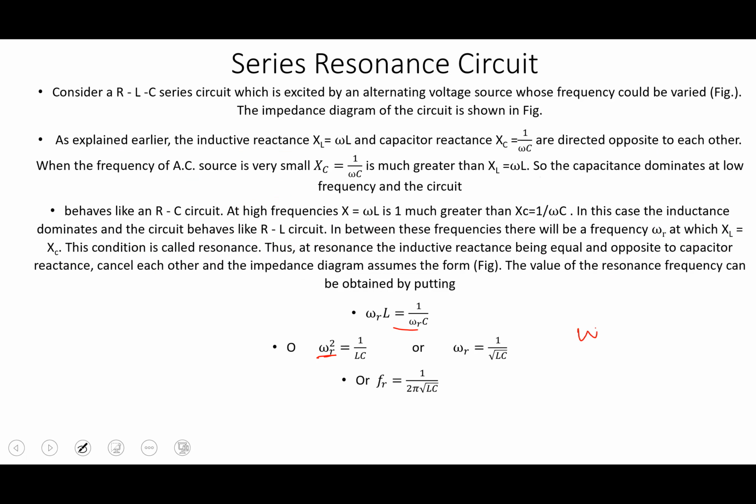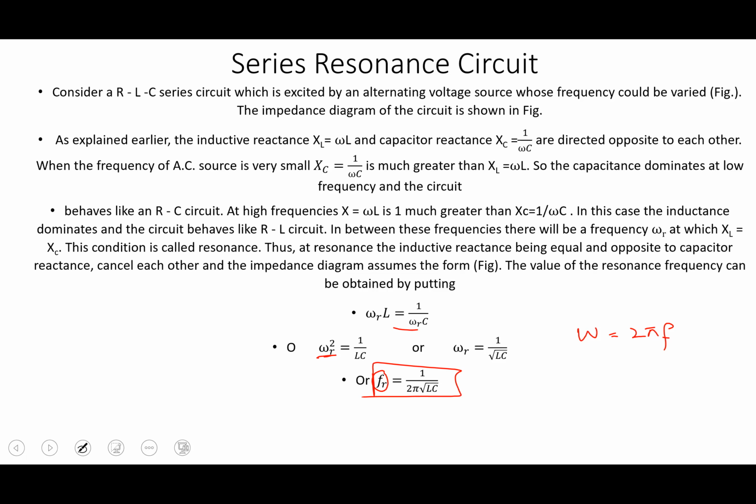As we know, omega is equal to 2 pi F. So taking F on one side and 2 pi to the other side, the resonant frequency F is equal to 1 over 2 pi root LC.